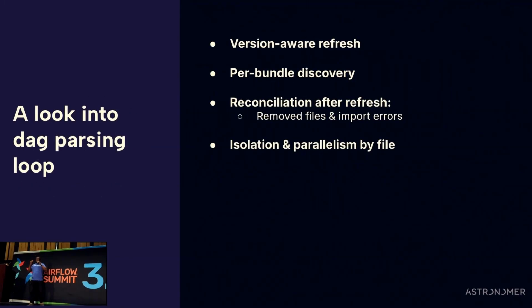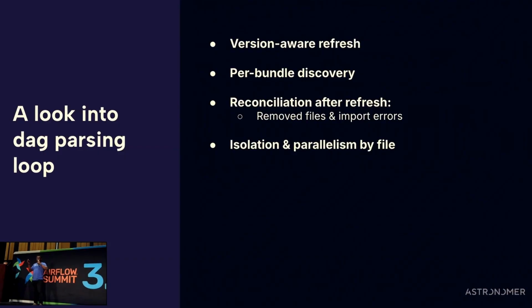Now let's look into what the DAG processor does with bundles. At the start, the DAG processor will clone the repo, if it is a repo, or get the DAGs and store them on disk. And every time it has a loop that checks, based on the refresh interval, if we have a new version for the DAG.